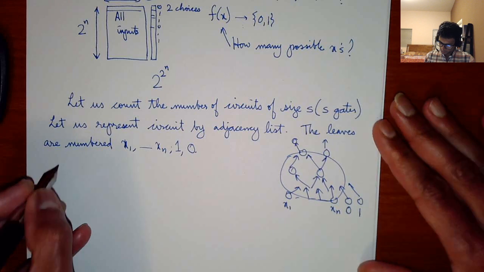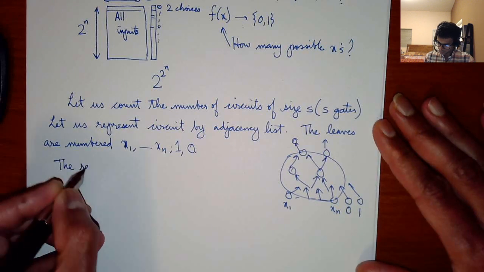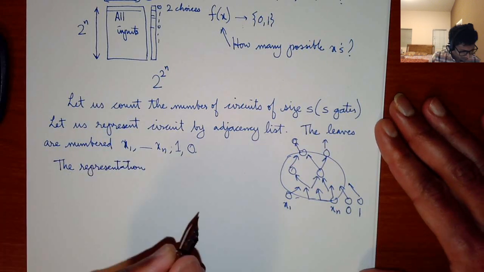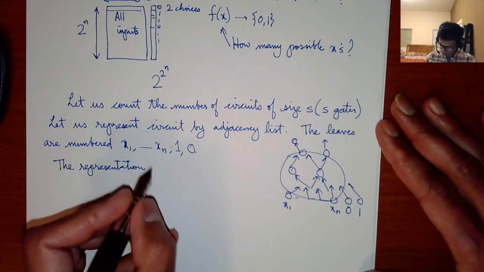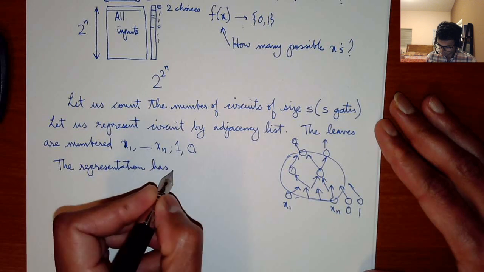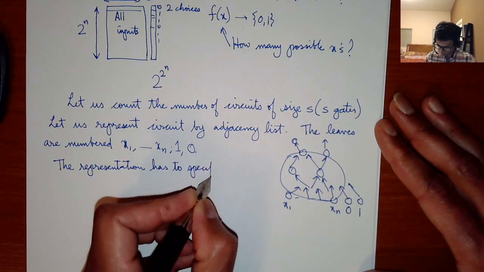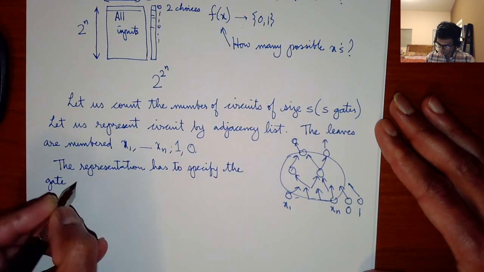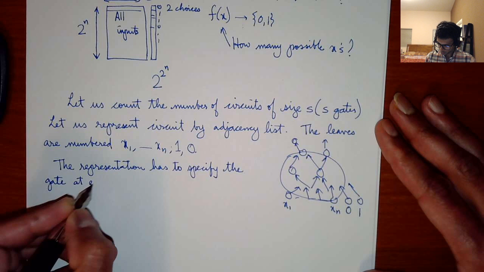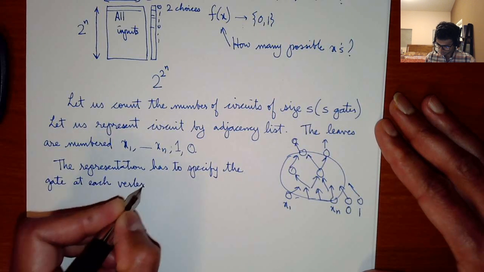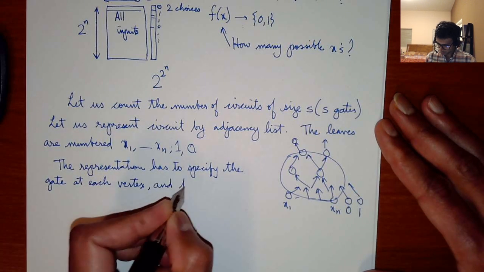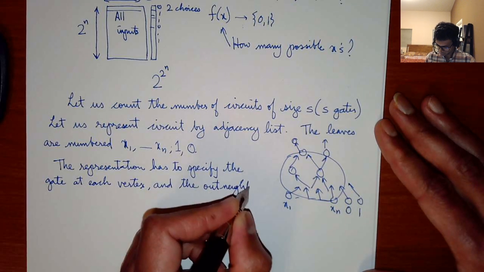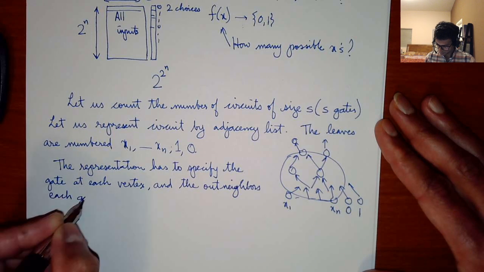So the representation has to specify the gate at each vertex and the out neighbors of each gate.